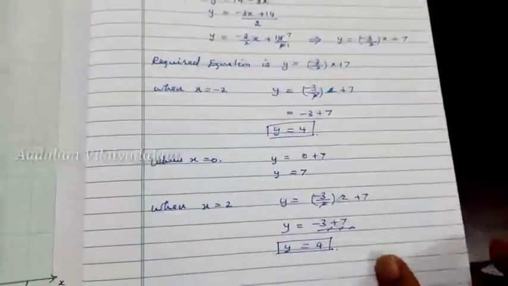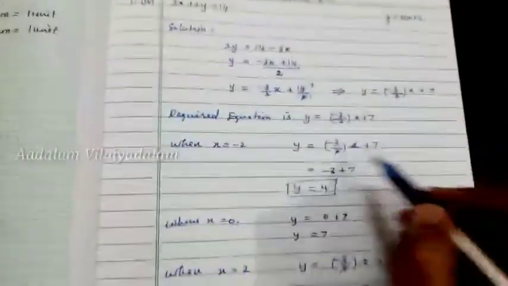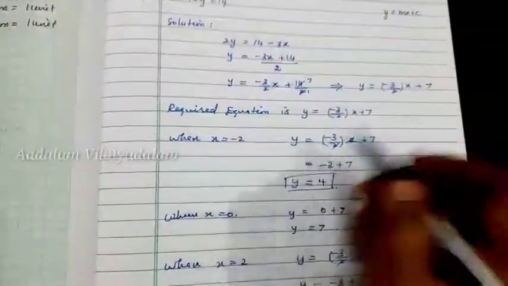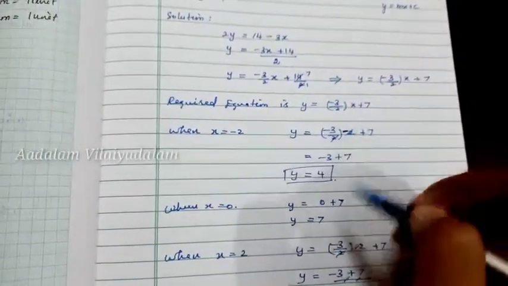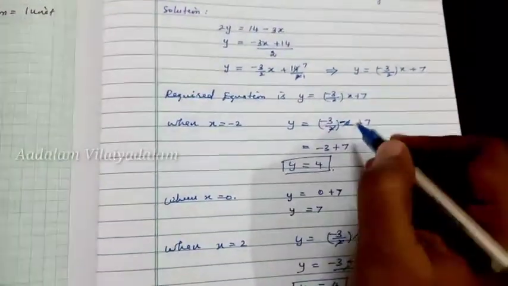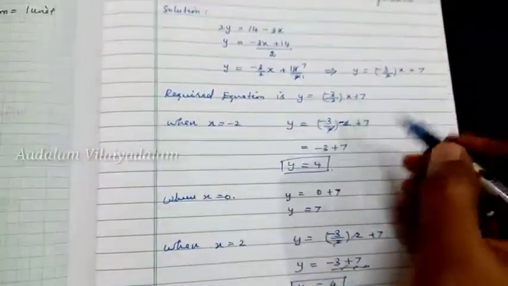So I have made a mistake somewhere. So let's check it once again. See here that I have used plus 2 instead of minus 2. Then my answer became wrong. So be careful while substituting the minus.